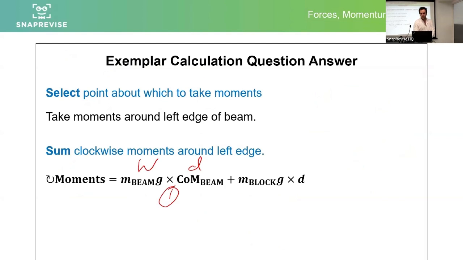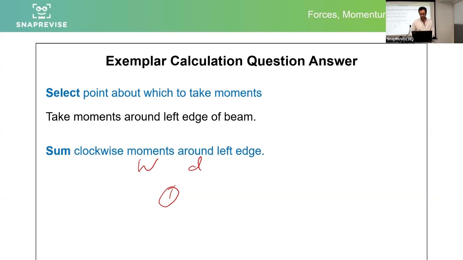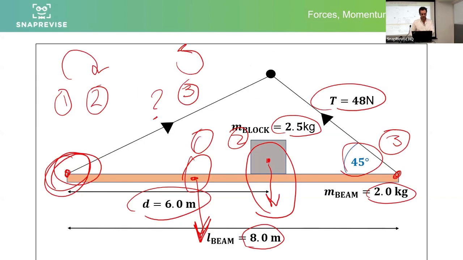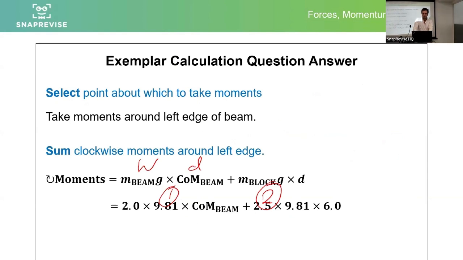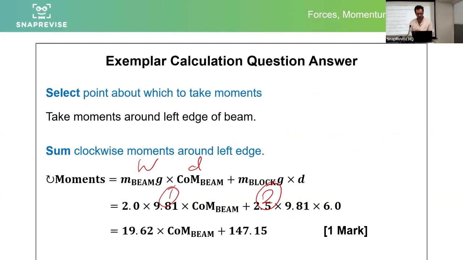And weight number 2 is the mass of the block times G times the distance away from it. That is 6 meters minus D. Factor in our values given, and we have an expression in terms of the center of mass of the beam.